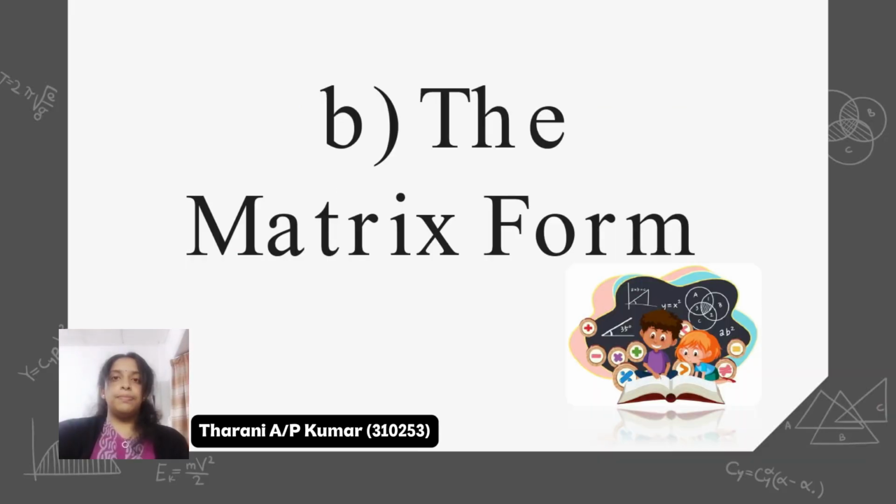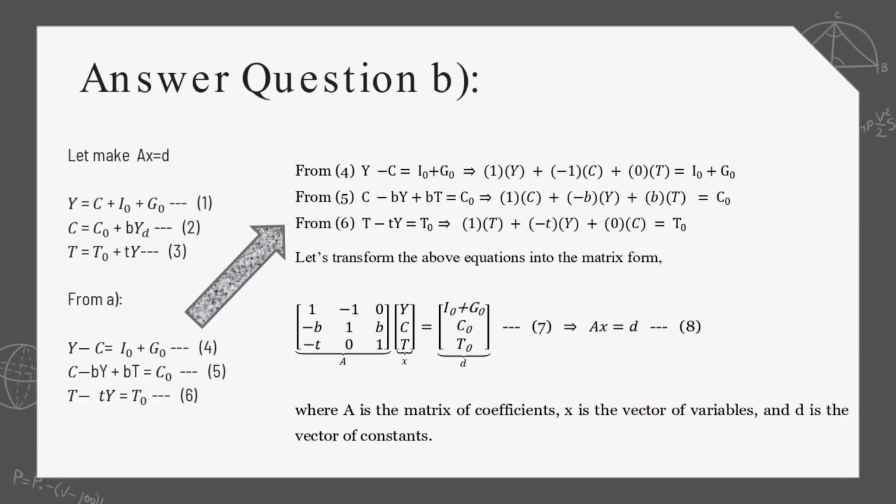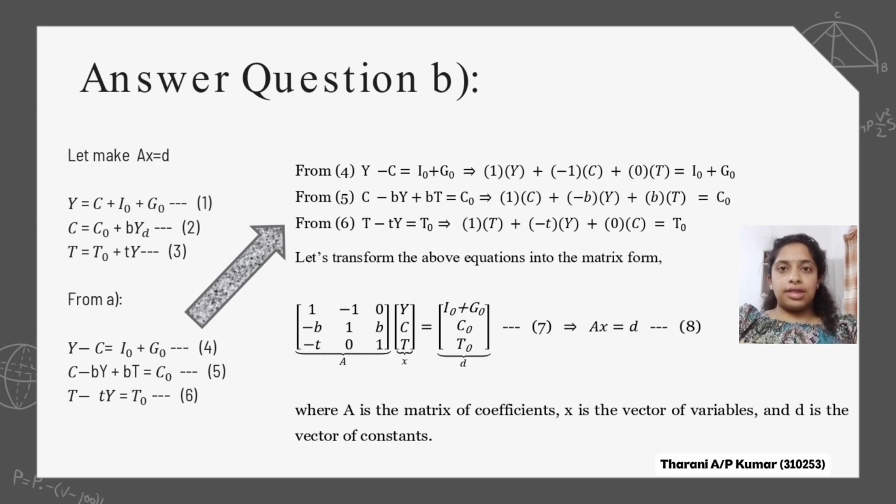The next question is to transform the above three simultaneous equations into matrix form. Let AX equals D, where A is the matrix of coefficients, X is the vector of endogenous variables, and D is the vector of constants.